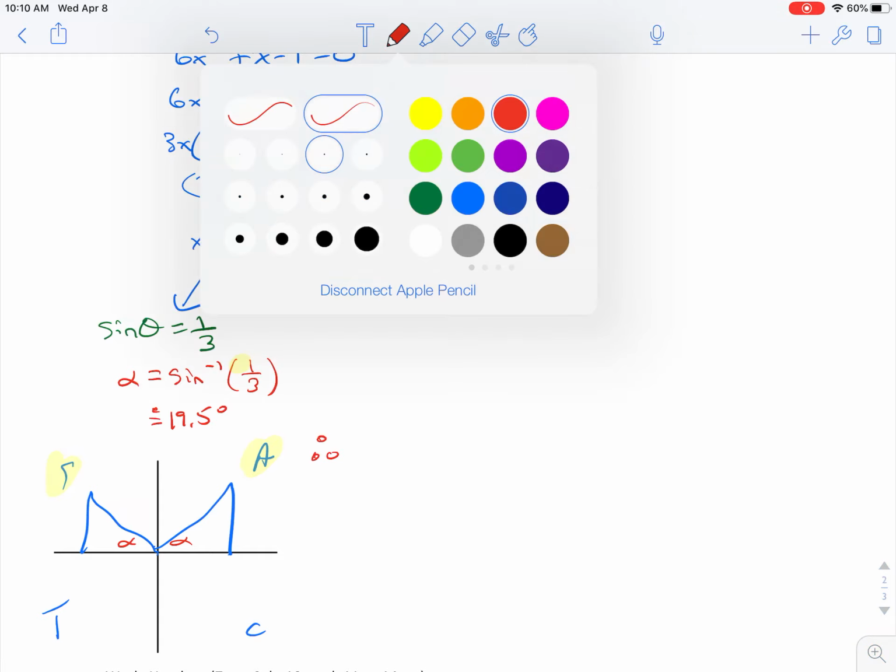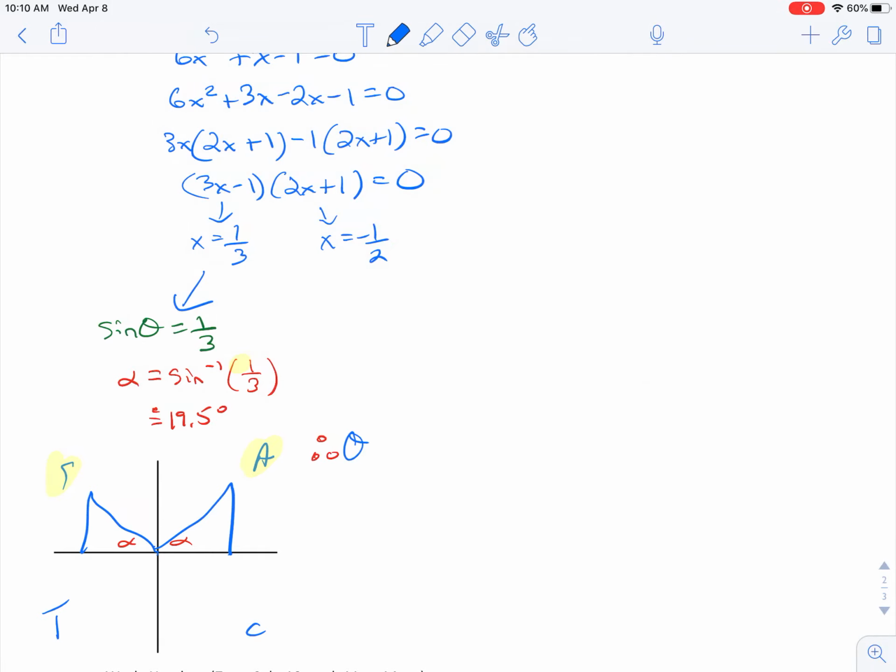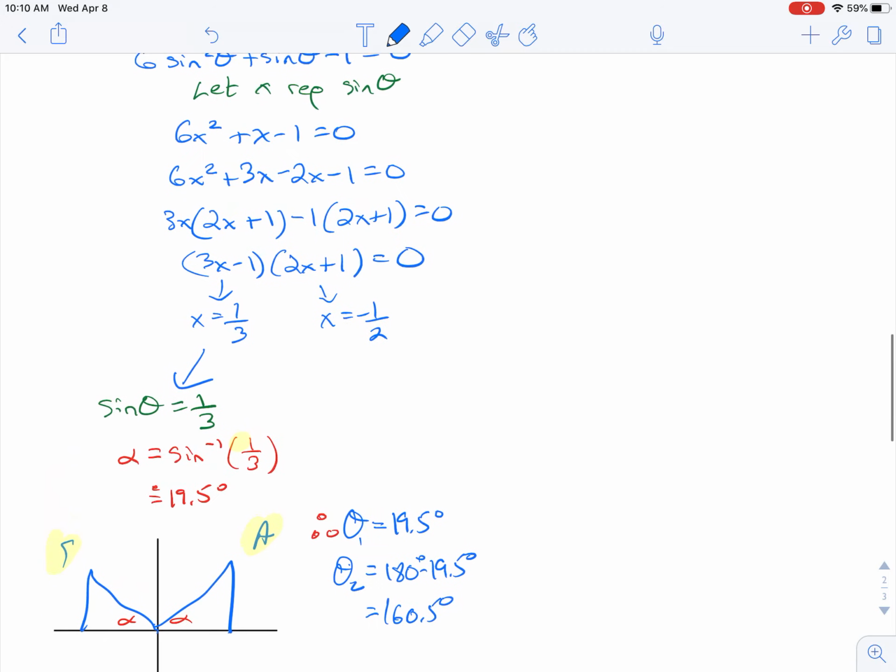So here's my alpha. So therefore, I've got, in this case at least, theta equals 19.5. That's the first theta, and theta 2 is 180 minus 19.5. So this is going to be 160.5. So that gives me that one.